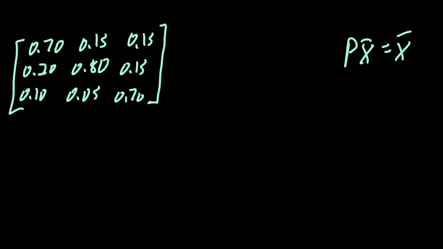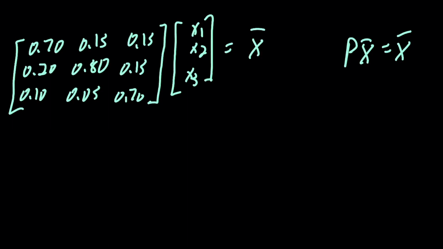You're going to see equations in this format a lot. We already did that with Ax equals b and the like. What that implies is that we're going to multiply P by a common factor of x1, x2, and x3, which is going to equal the steady state matrix.